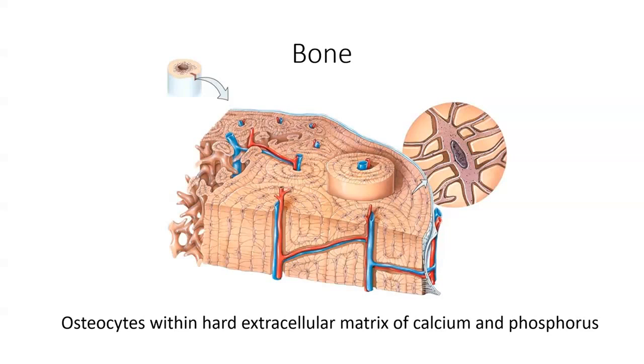Bone tissue can be classified as either compact or spongy, with compact bone being made up of osteons, which are these circular structures here, which all form in quite close proximity to one another to form quite a compact and dense looking bone. It sits on the outside of all of our bones. Spongy bone is made up of trabeculae, which is this kind of like branching network of bone here.